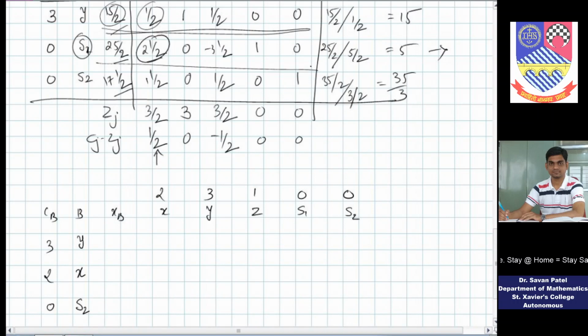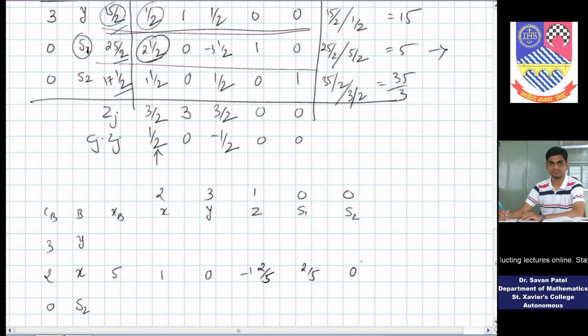So dividing by 2.5, we are having values like this: 5, then 1, 0, minus 1, and 2 by 5, then 2 by 5 and 0.